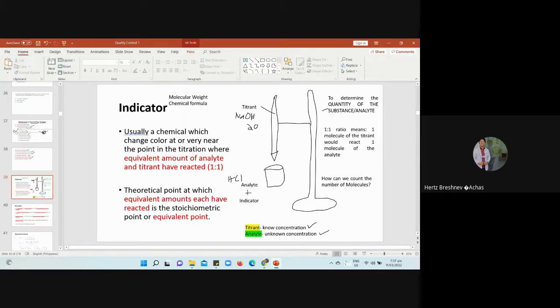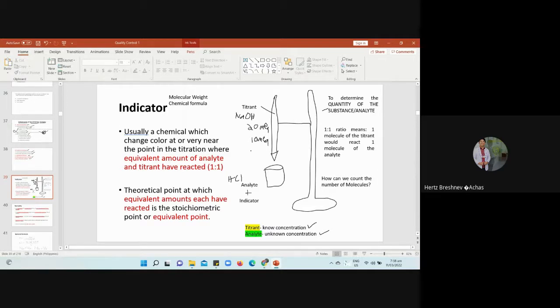And then we said 1:1 ratio. So upon titration of the substance, let's say this is 20 MEQ or number of molecules. Then upon titration, the color changed after we consumed 10 MEQ. So what does that mean?